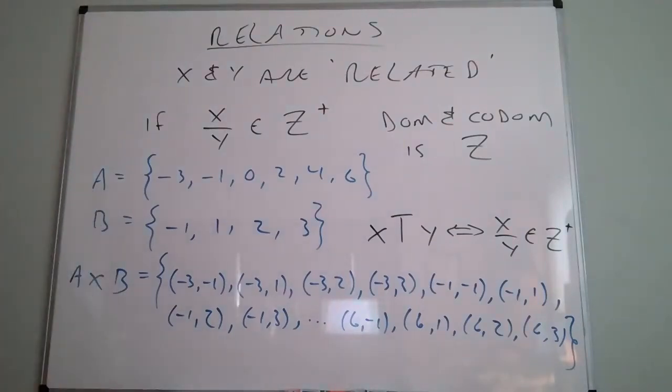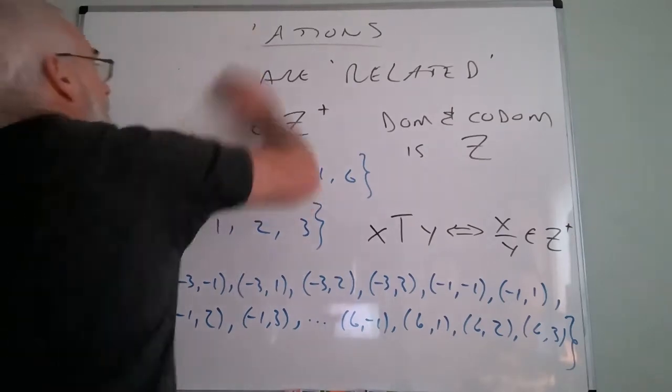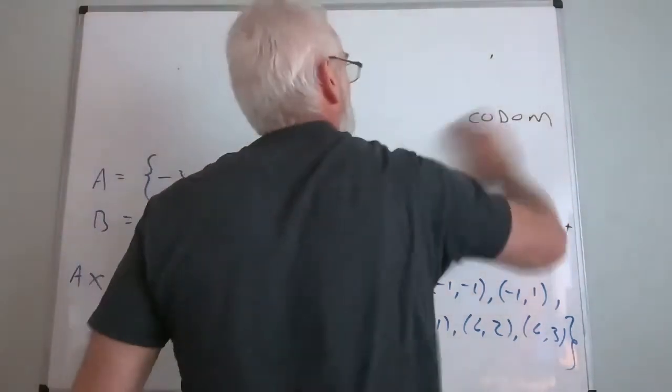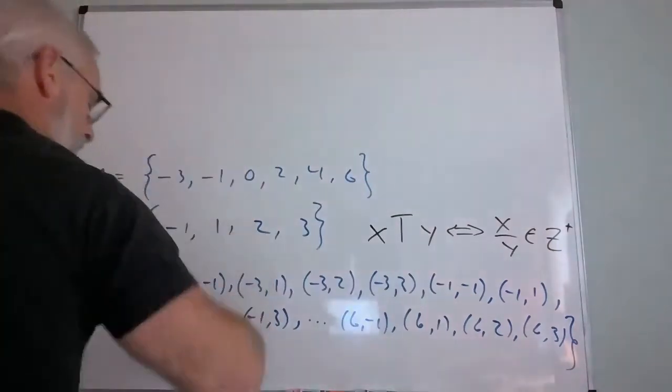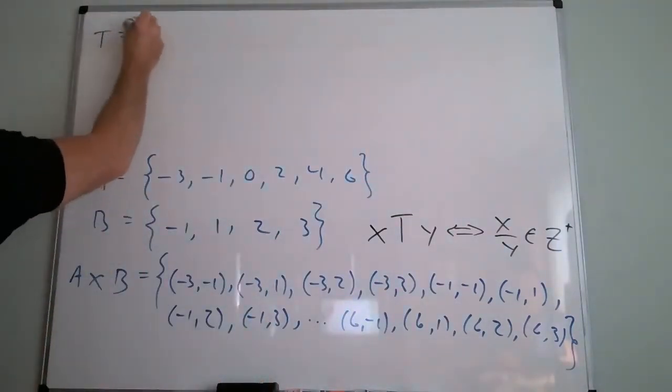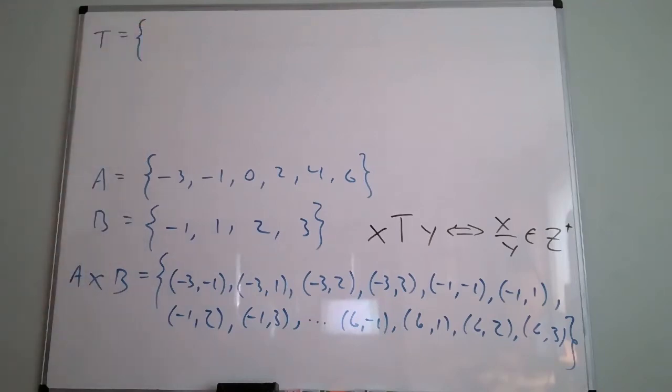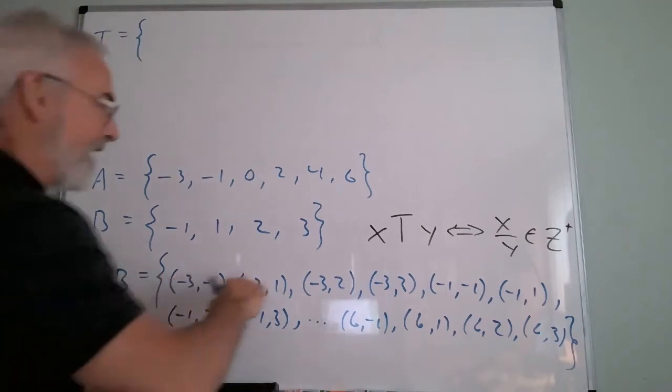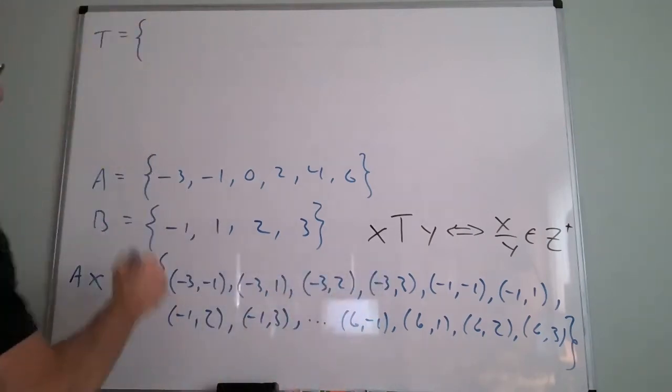Hold on, where's my eraser here? Okay, so let me now squeeze. Okay, so now what is T? Remember, X over Y had to be a positive integer. So as I scan through my list, which ones will that work for?